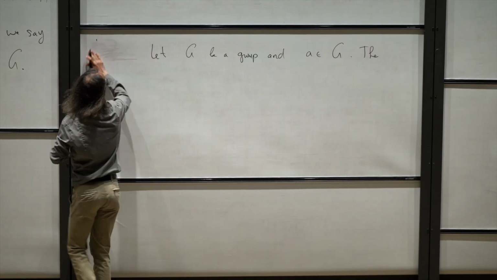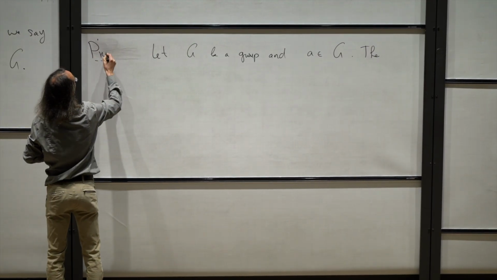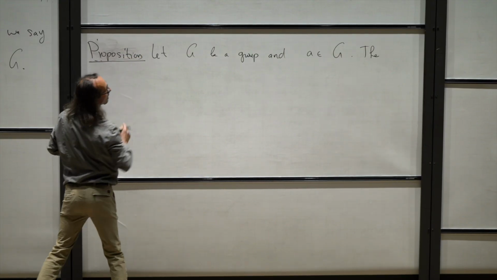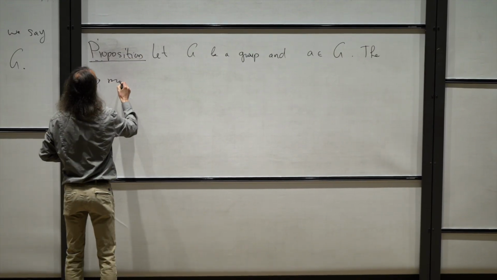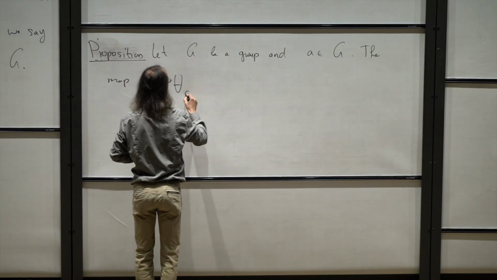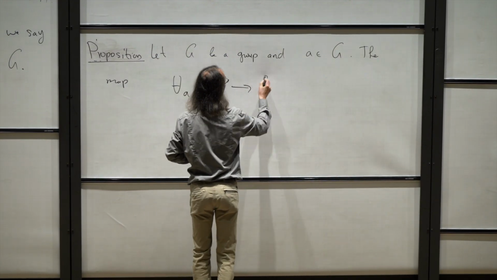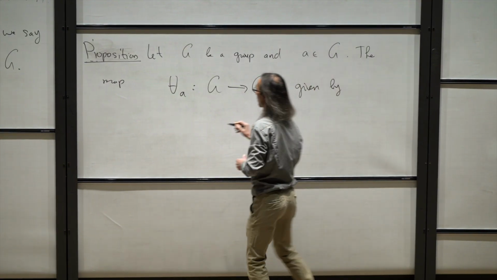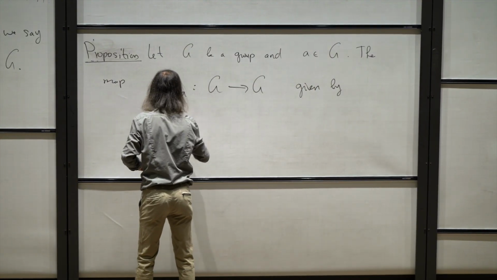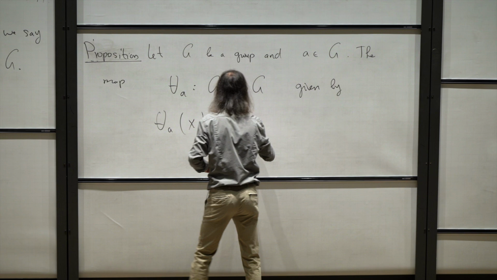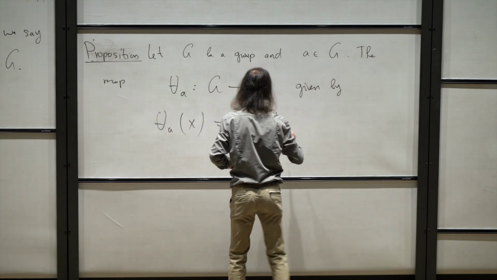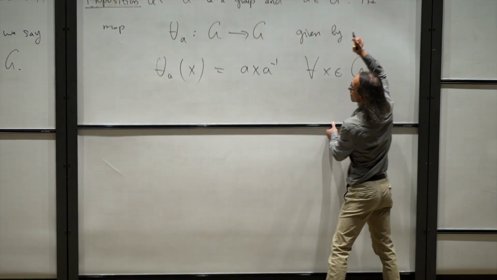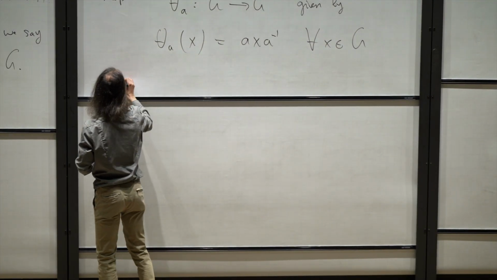Maybe I should call it a proposition actually. The map theta_a from G to G given by the rule theta_a of x equals a x a inverse for any x in G is an automorphism of G.